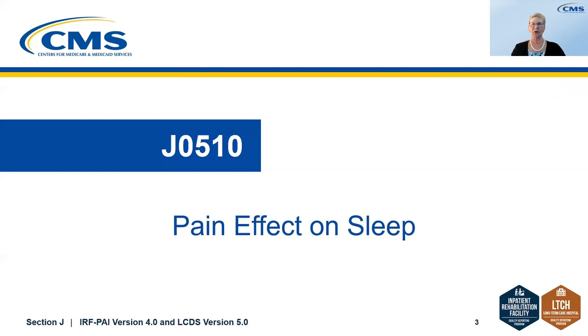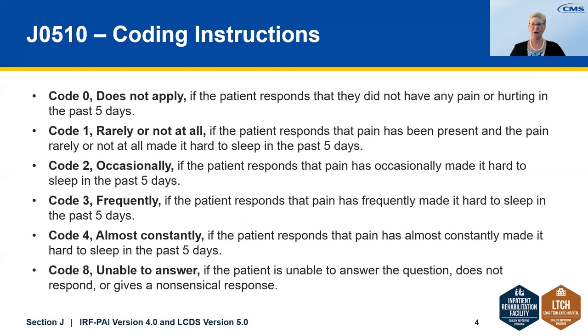Let's begin coding with J0510, pain effect on sleep. Here are the coding instructions for J0510. You'll code 0, does not apply, if the patient responds that they did not have any pain or hurting in the past 5 days. Code 1, rarely or not at all, if the patient responds that pain has been present and the pain rarely or not at all made it hard to sleep in the past 5 days.